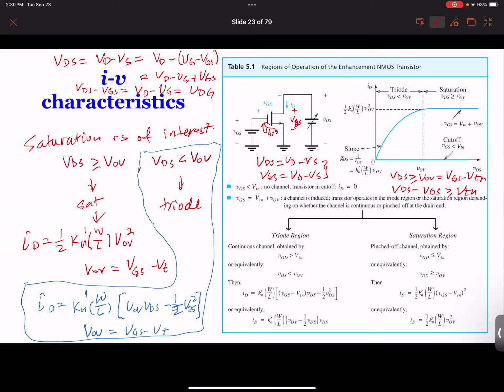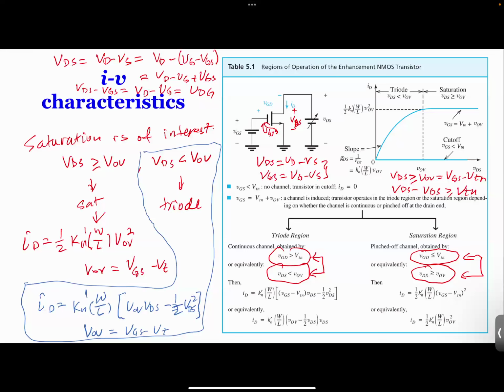So we have VDG larger than VTN, which is the same as VDS larger than VOV. These two equations are equivalent. So in the future, if VGD is larger than VTN, it is going to be in the triode region. We are going to use this a lot during our classes. So let's get into our next figure.